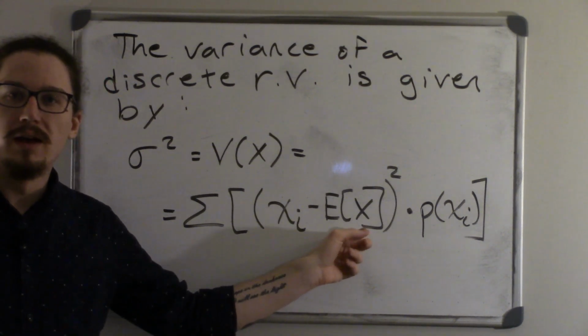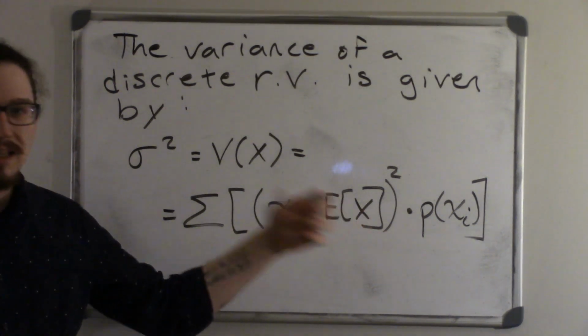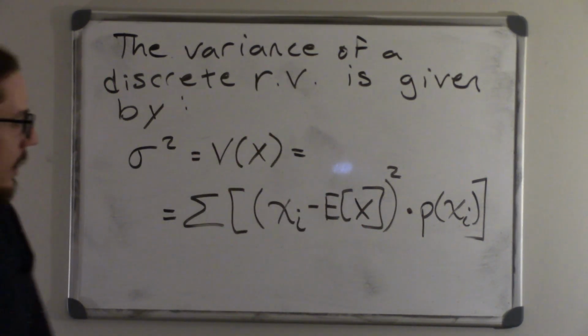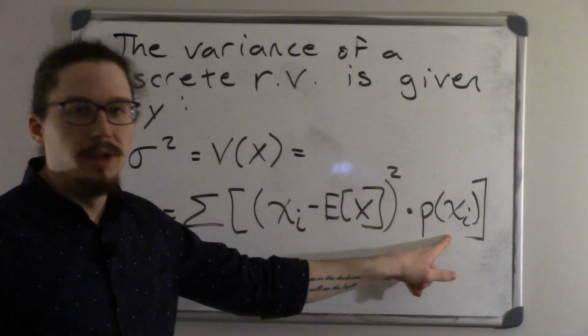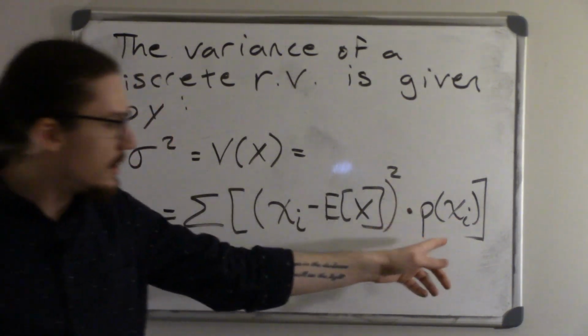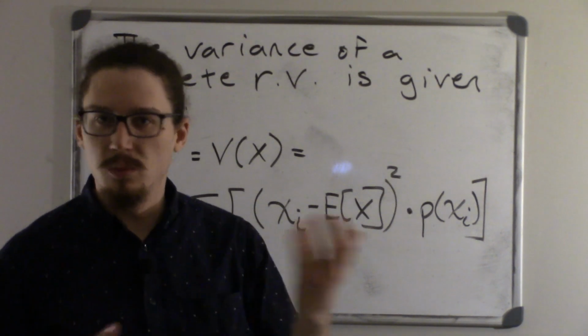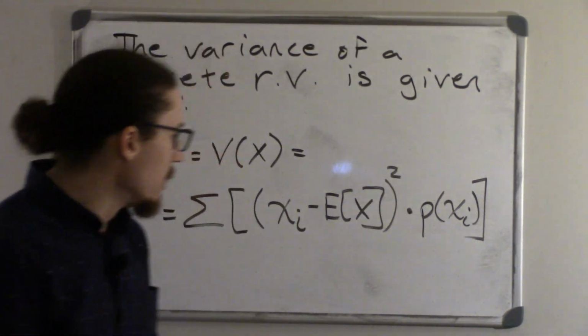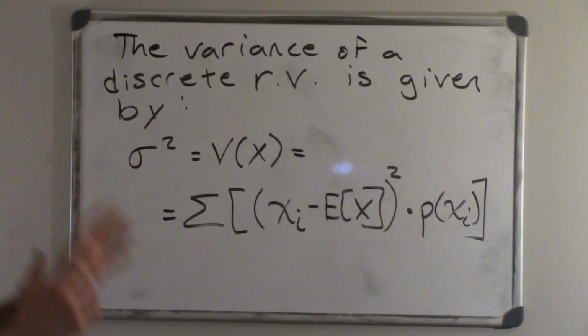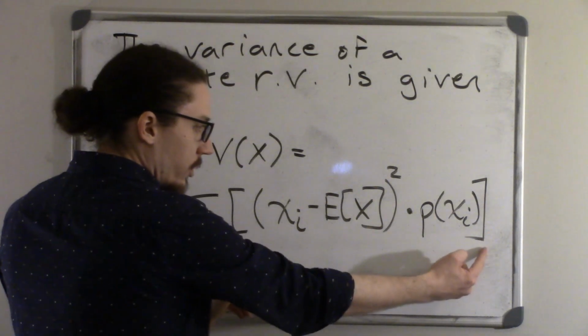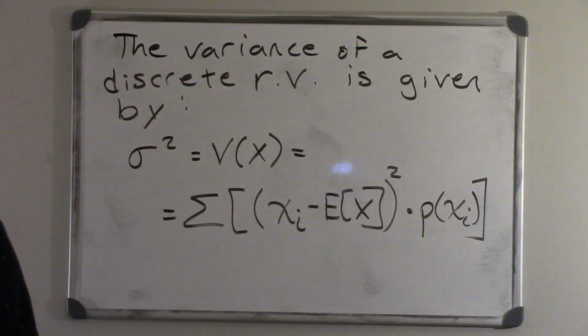Remember that the expected value of x is the mean. And this probability essentially replaces whatever we're dividing by. But we're going to do one of these terms for each pair of outcome and probability.